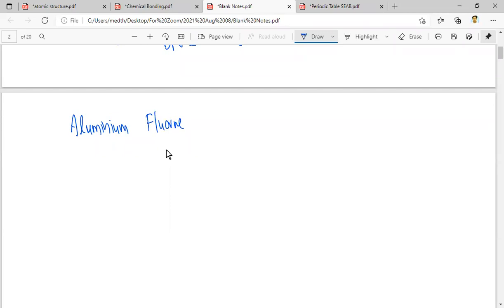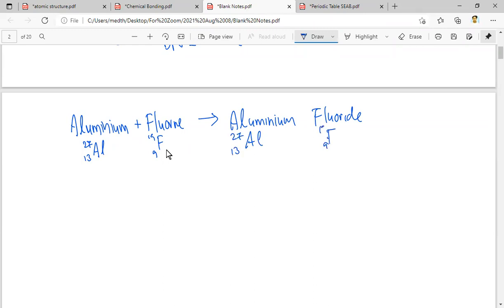Aluminium is Al 13, 27. Fluorine is F 9, 19. So when aluminium reacts with fluorine, I actually get aluminium fluoride. So what's the chemical formula for aluminium fluoride?